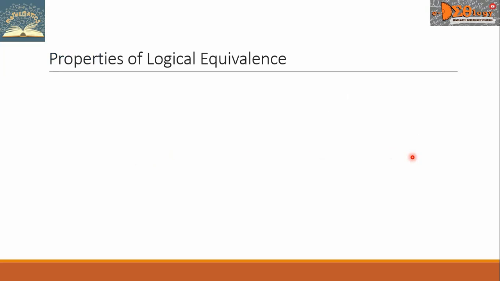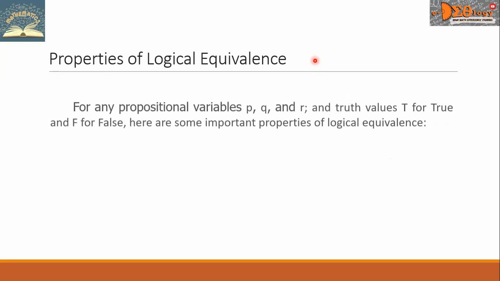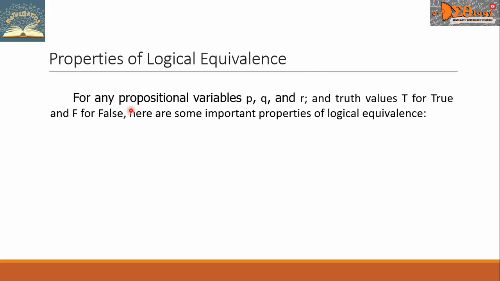Here are now properties of logical equivalence. For any propositional variables P, Q, and R, and truth values T for true and F for false, here are some important properties of logical equivalence.